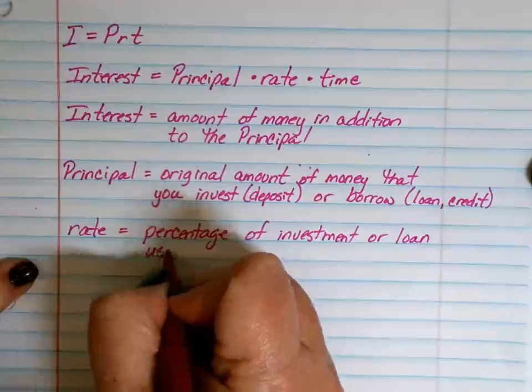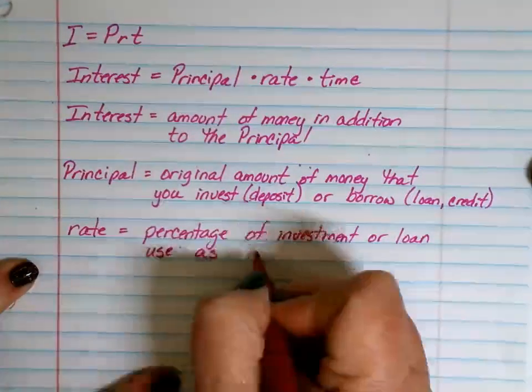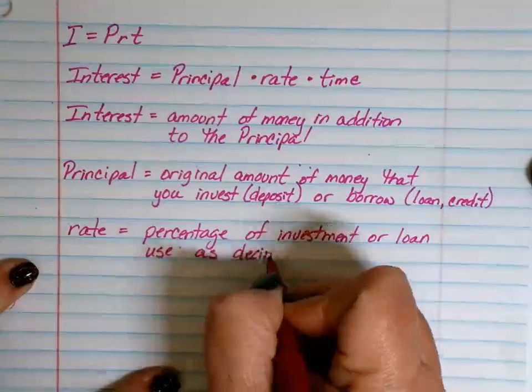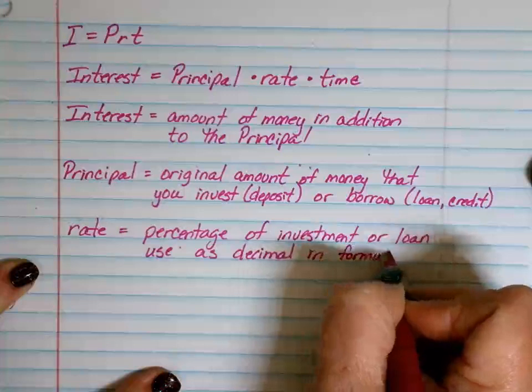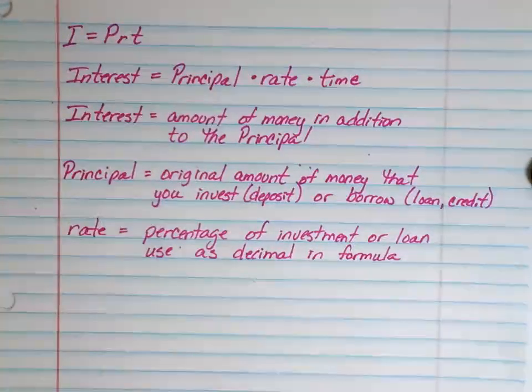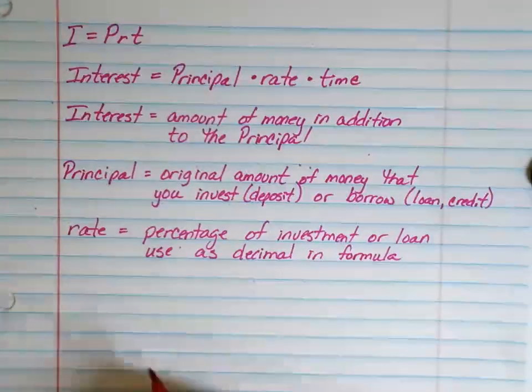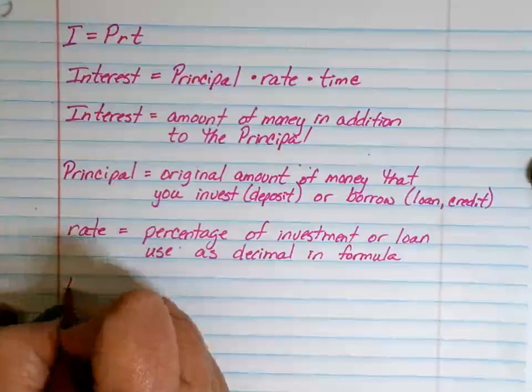You have to use it as a decimal in the formula. It's the percentage that you make or the percentage that you have to pay, if it's a loan. But you always have to convert it to a decimal to use it in the formula.